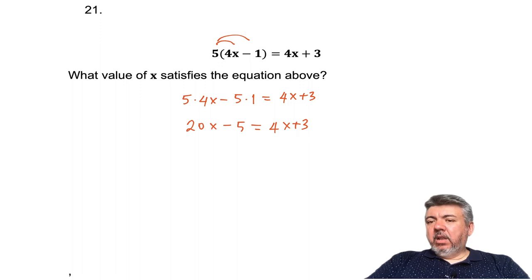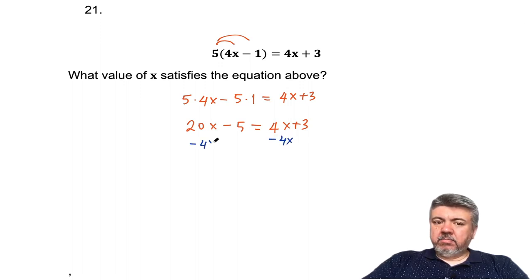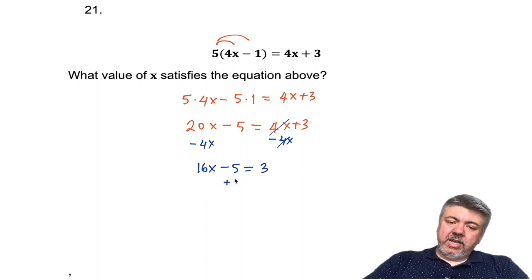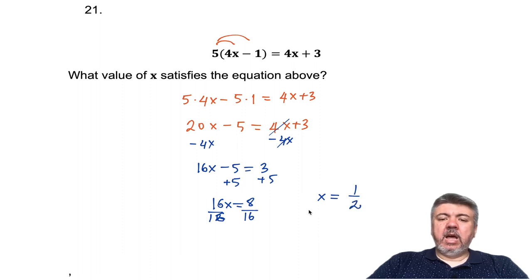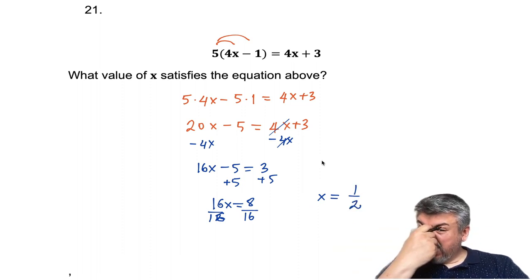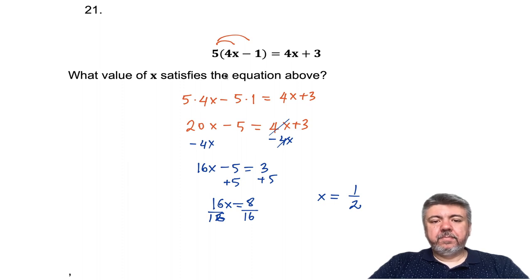Now I need x alone, so minus 4x on both sides. It's 16x minus 5 is 3. So add 5 to both sides. It's 16x equals 8. And divide by, no, not 2, divide by 16. It's going to be x equals 1/2. So that's the x value we're looking for.